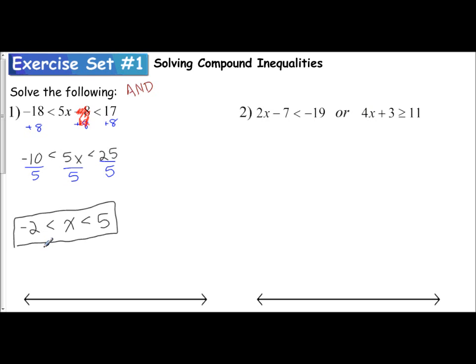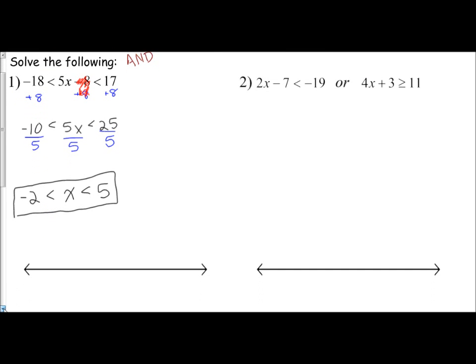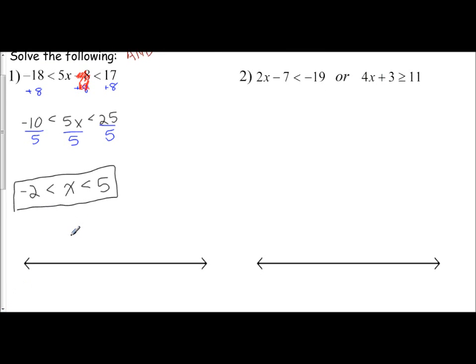To graph this on the number line, we're going to go very, very basic here. We're not going to do tons of intervals. We're just going to write down the numbers we're using. So negative 2, and then I'll put the 5 over here. And what we do is we identify what type of circle will be used at each number. Since negative 2 is less than x, that would be an open circle.